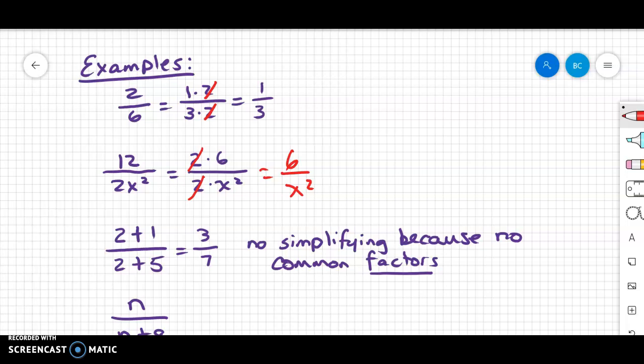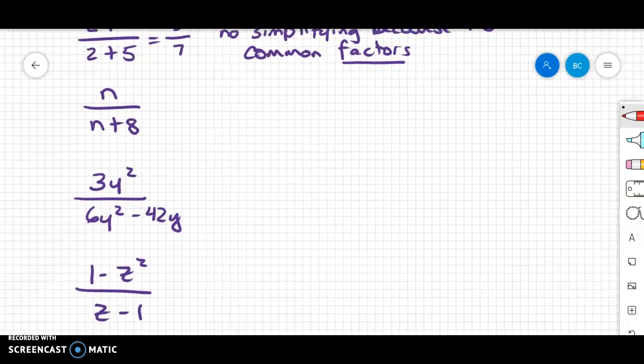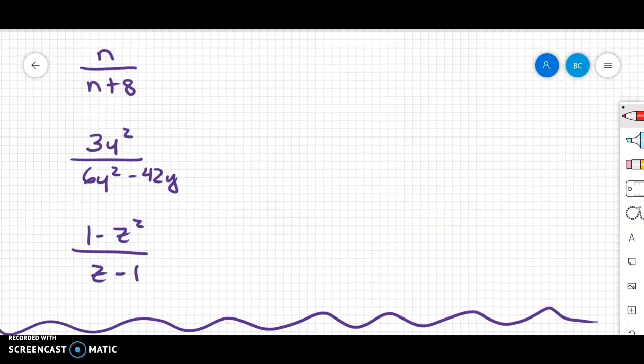When I'm just looking at numbers, I can't cancel those 2's; this would just be 3 over 7. The same thing is true when we have variables worked into it: I can't cancel these n's, because n is not a factor here, it is a term, so I can only cancel factors. There's nothing more I can do with this one.